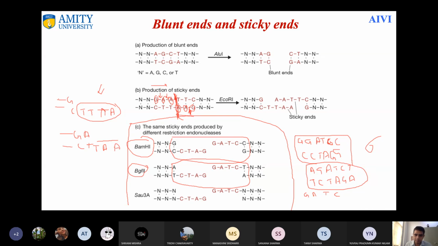So the recognition sequence is a 4 nucleotide sequence, but where does it cut? It cuts outside the recognition sequence. In both of the first ones it cuts within the recognition sequence, in this one just outside the recognition sequence. Okay, what do you mean by outside?